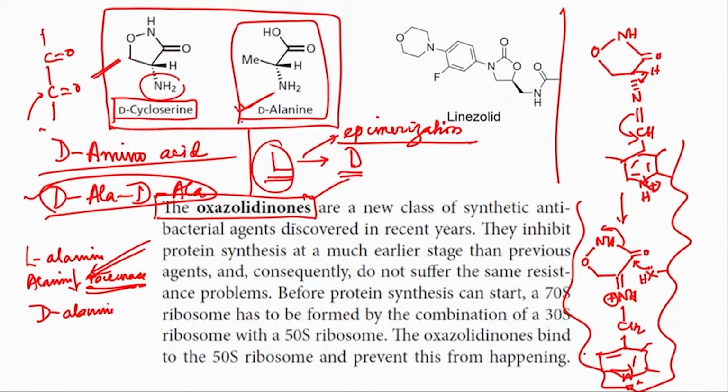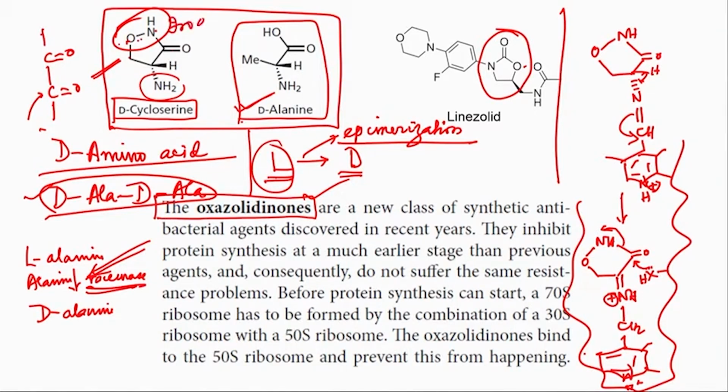So, oxazolidinone is this. I think this is isoxazole, this is not oxazole. Oxazole is 1,3 and this is 1,2. So, this is oxazole and that is isoxazole.